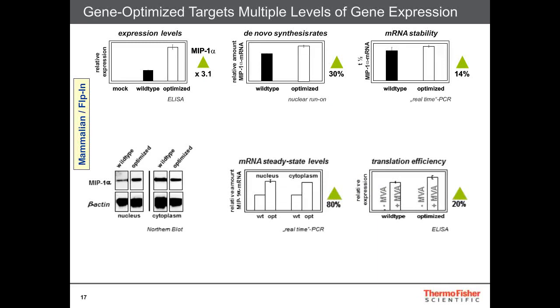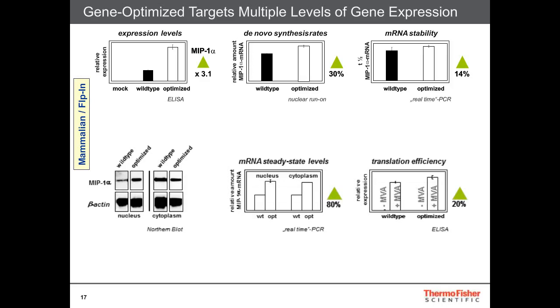Okay, so next, of course, we wanted to understand and analyze which molecular mechanisms were actually affected by our optimization approach. And in order to study this, we generated two stable cell lines using Thermo Fisher Flp-In technology, a cell line expressing a wild-type version and a second cell line expressing an optimized version of a cytokine, MIP1 alpha.